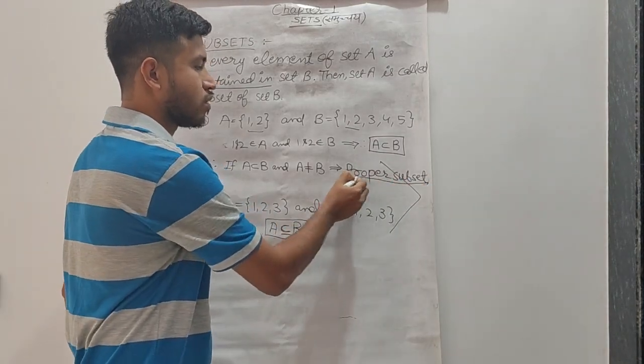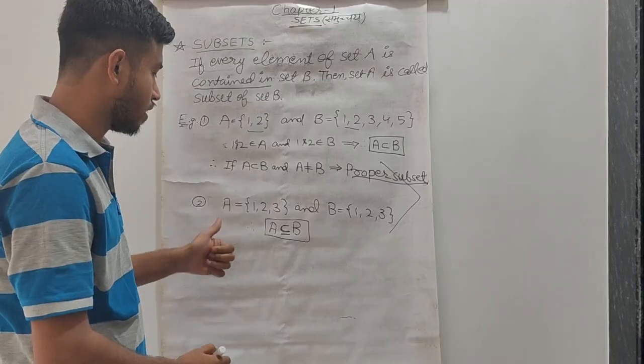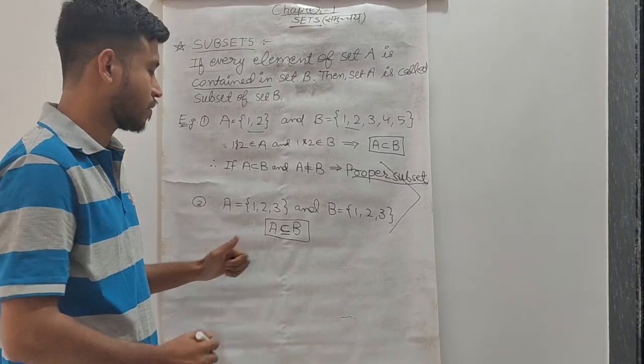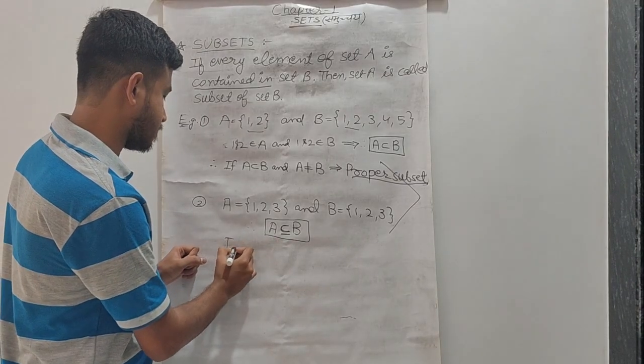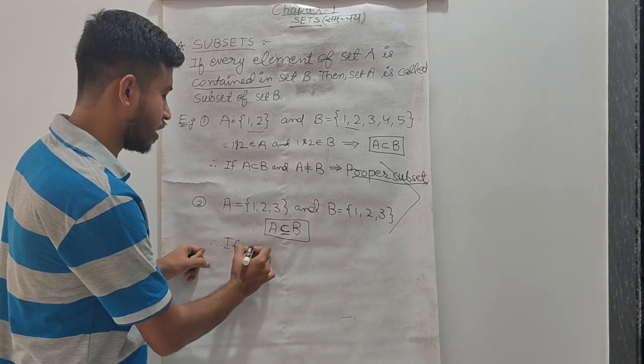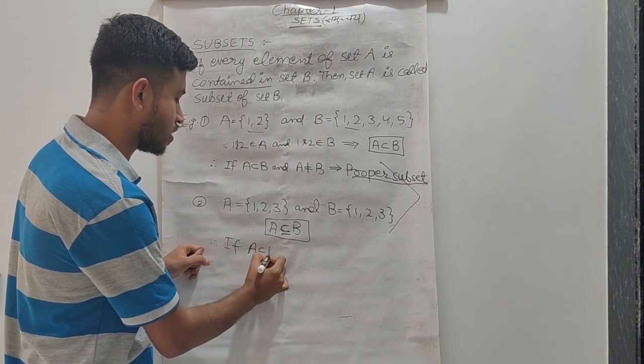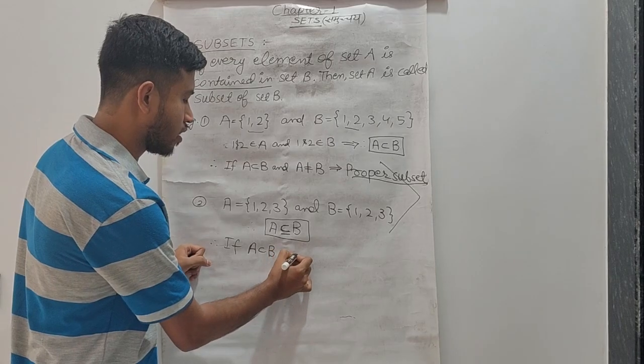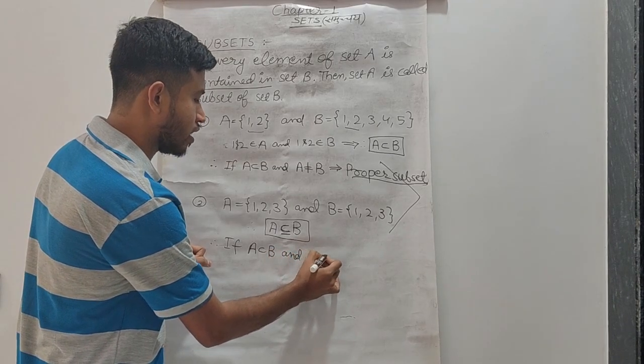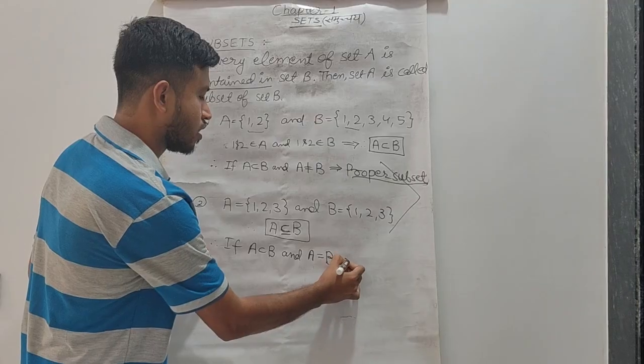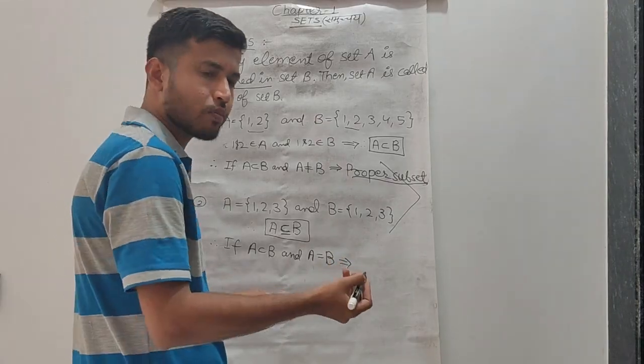For this condition, if A is a subset of B and A equals B, then it is called an improper subset.